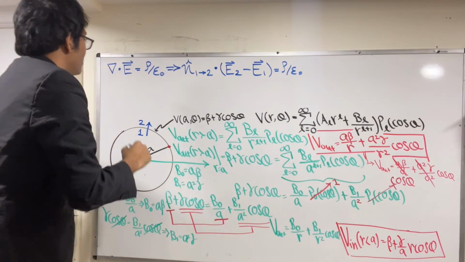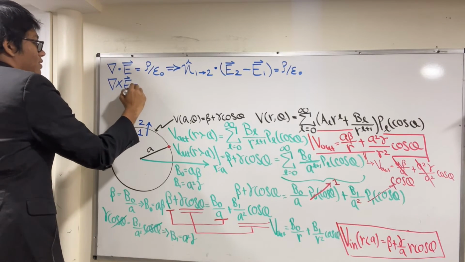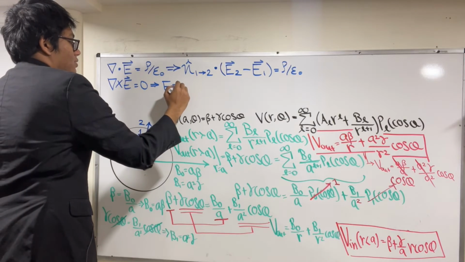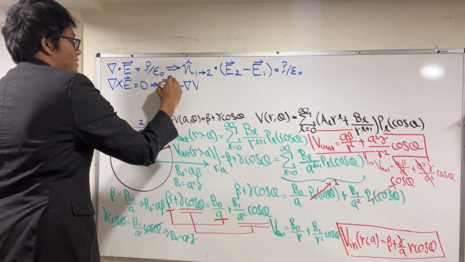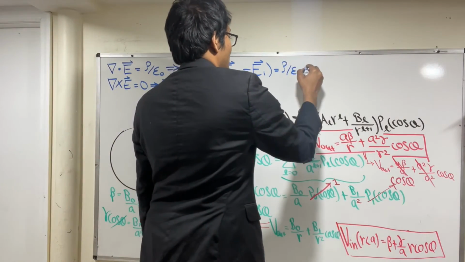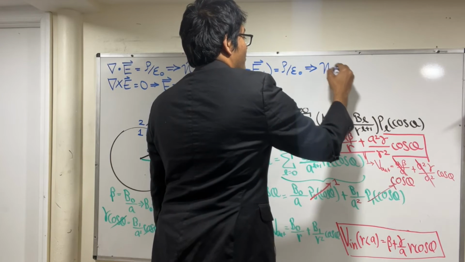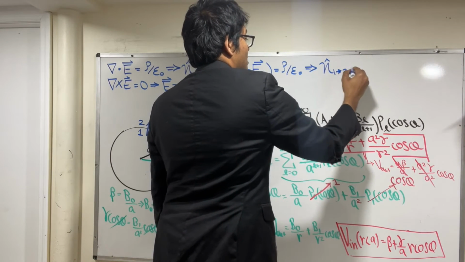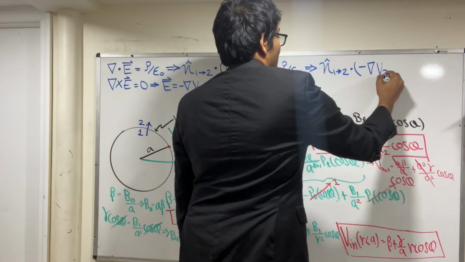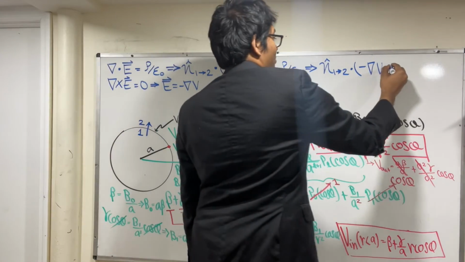Now, I know from the curl of the electric field being 0 that the electric field admits a scalar potential such that minus the gradient of that scalar potential is the electric field. Plugging that over here, what we get is that the unit normal vector from space 1 to 2 dotted with minus the gradient of V2 minus, since there are two minuses, that makes it plus.